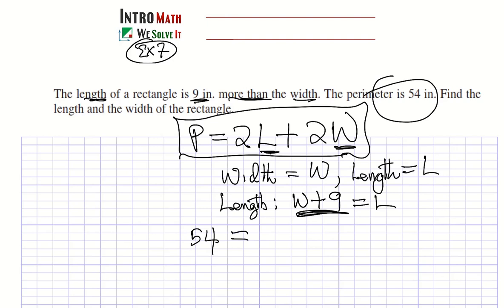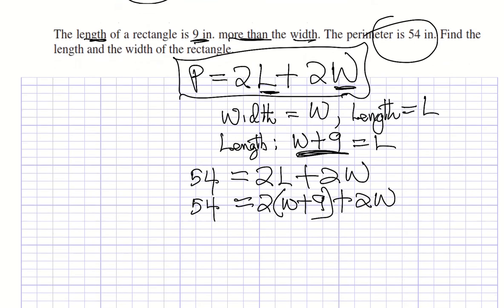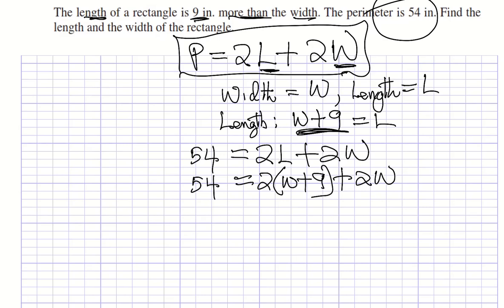So we'll have 54 is equal to 2L plus 2W. The way you solve the problem, you have to eliminate the length from the equation, because length is equal to W plus 9. So you substitute that there, you have 54 is equal to 2 times (W plus 9). That's what they want you to do. Think about it carefully, because this is an equation in one variable.